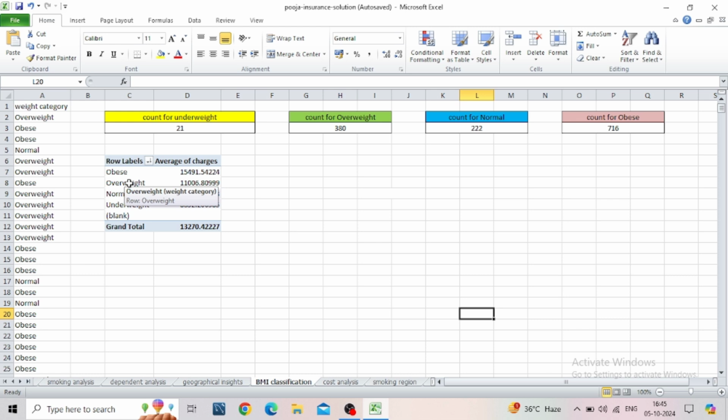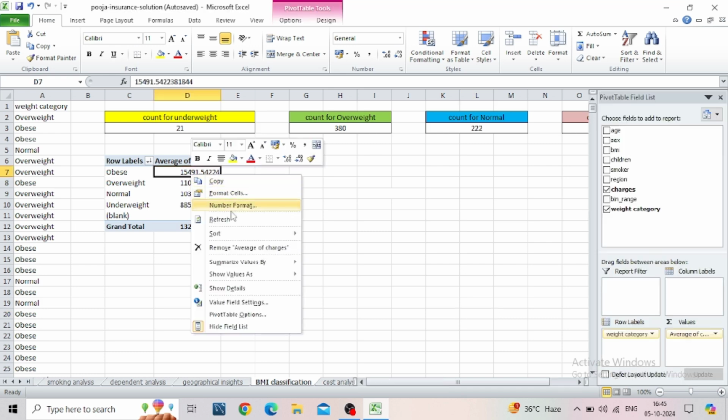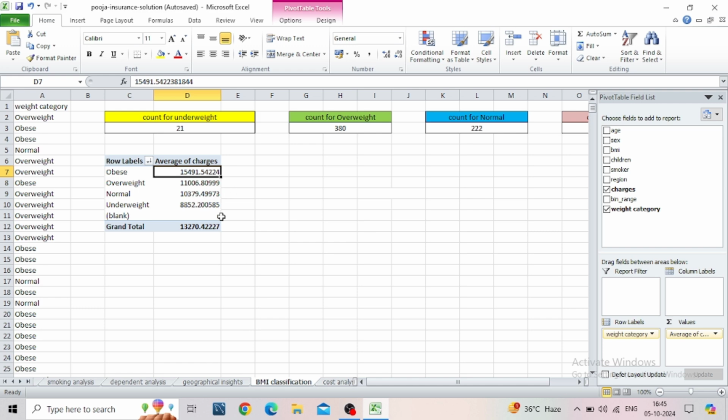As expected, individuals in the obese category had significantly higher charges. I sorted it from largest to smallest, so you can see the obese category has higher medical charges, which again ties back to health risks associated with higher BMIs.